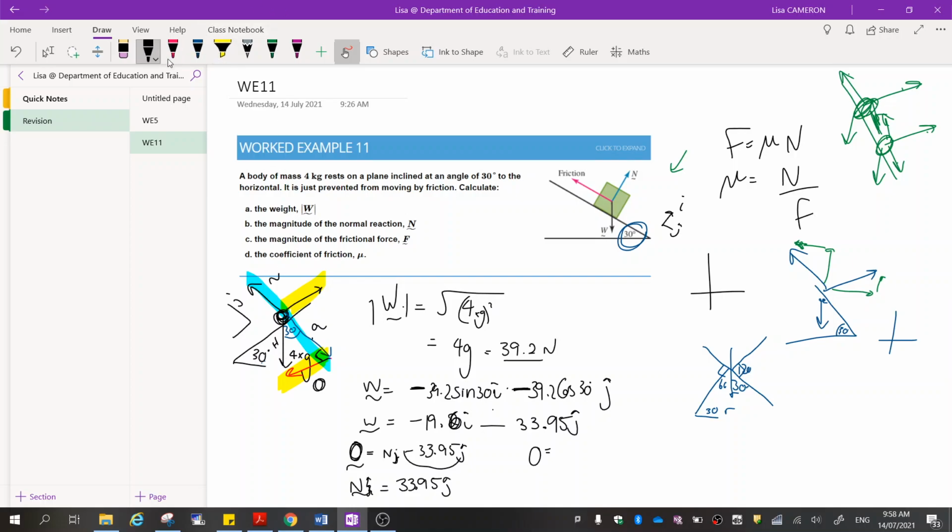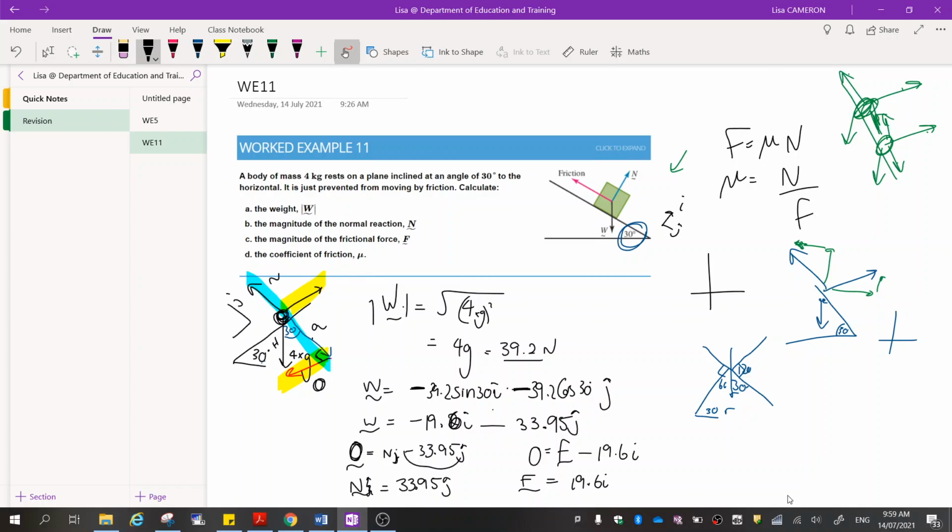Now they're going in opposite directions, which means this one is going to be our positive one because it travels in the same direction as the axis, and this one is going to be our negative one, minus 19.6 I. So our frictional force is going to be equal to 19.6 I. Now, remember, this one only has an I component, which is why I'm writing it as F with the underline. Okay, so they are the two forces. That's my normal force, that's my frictional force.